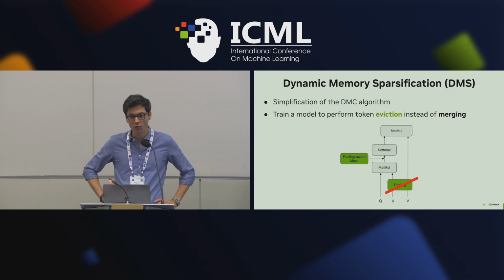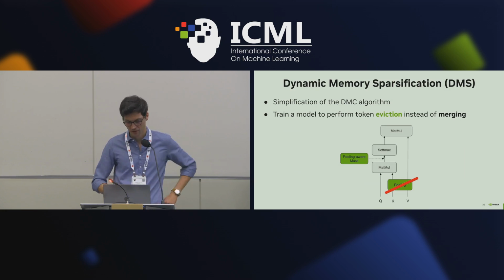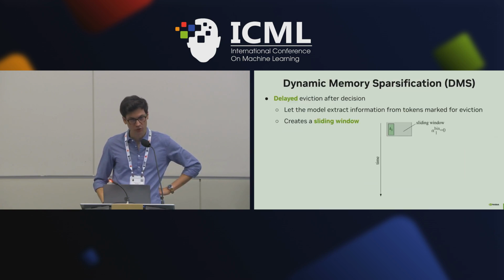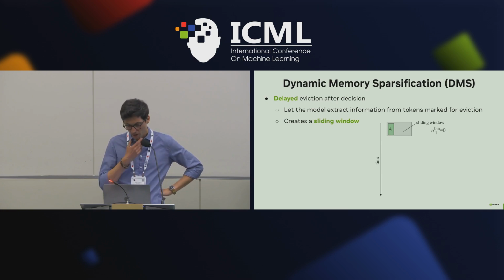And how much accuracy would we lose if we took out pooling? It turns out that we do not lose any accuracy at all, and it's even better, but there's one key ingredient for all this to work, and this ingredient is delaying the decision to evict a token.